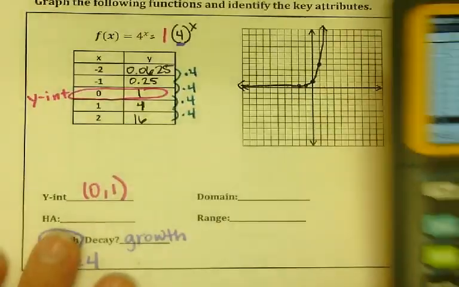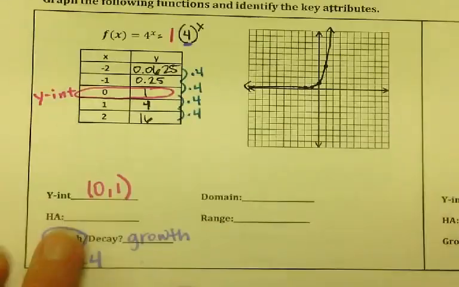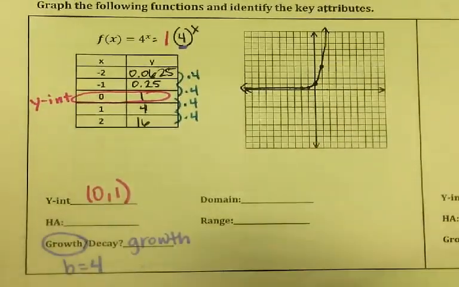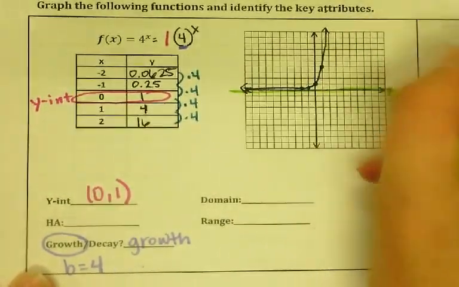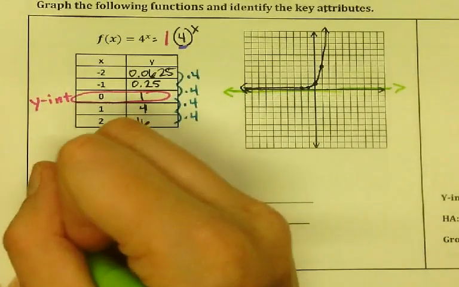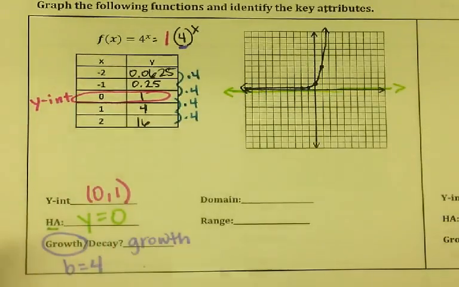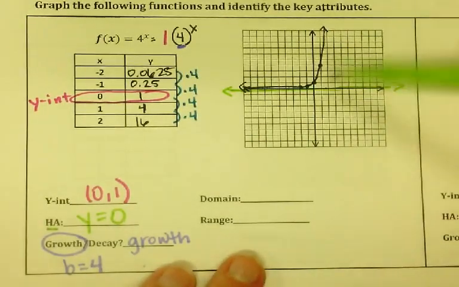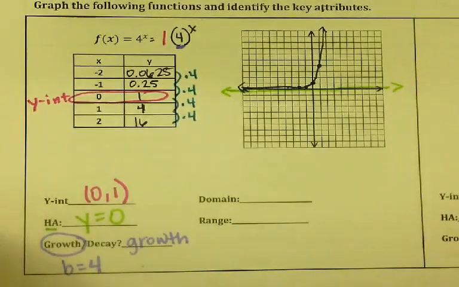So let's see how that looks compared to my graph. Mine's all right, but I graphed it there. That means my horizontal asymptote here is y equals 0. My exponential curve never actually touches the x-axis, but it gets really, really close.